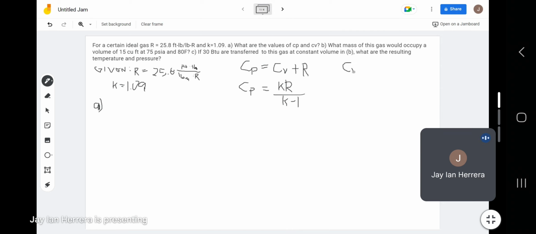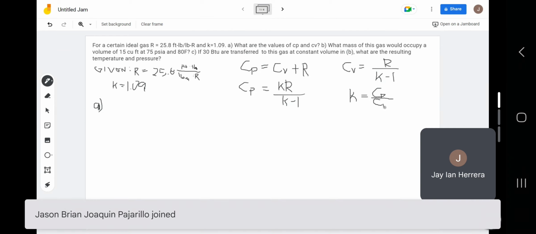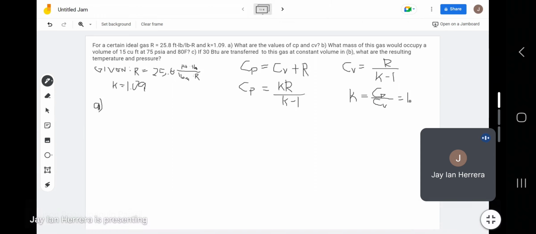And we also have the formula for CV, that is R over k minus 1. Alam nyo, i-memorize to. And then lastly, the ratio itself or the specific heat ratio, which is k, and that is equivalent to CP over CV. Given yan as 1.09.